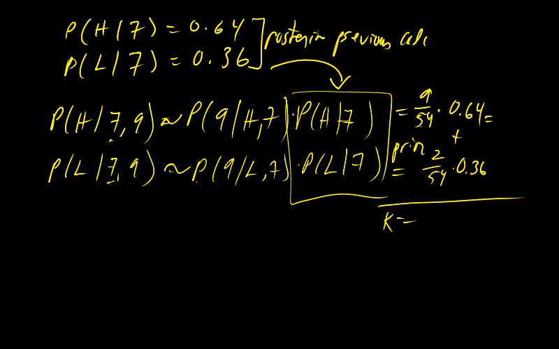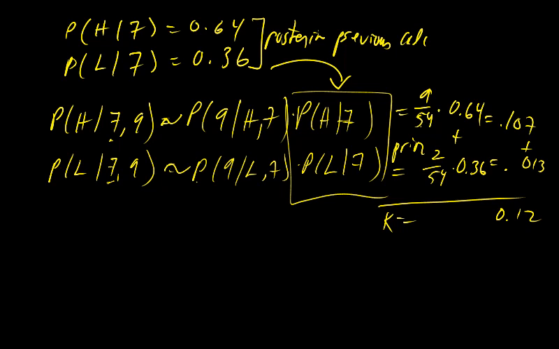So this one is 0.107. This is 0.013. We add them up. We get a value of 0.12 for k.